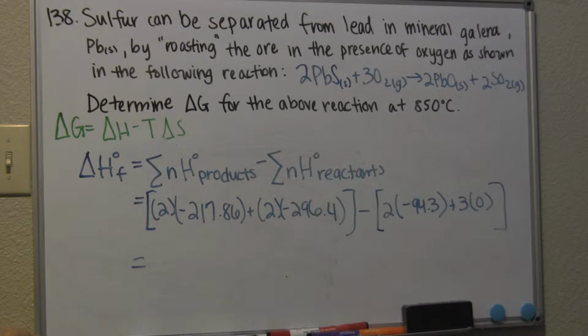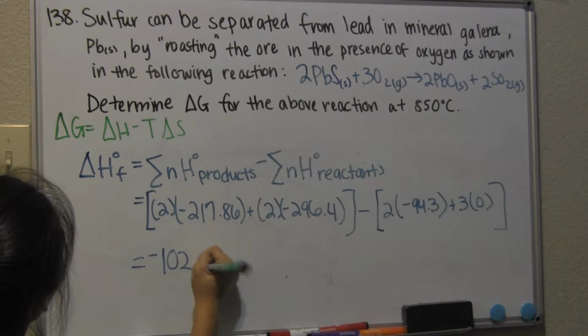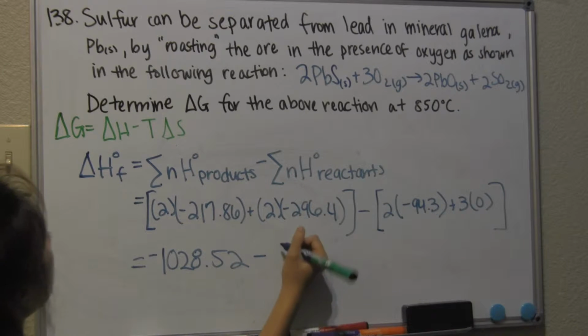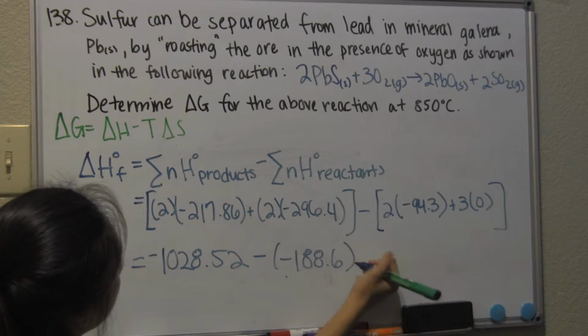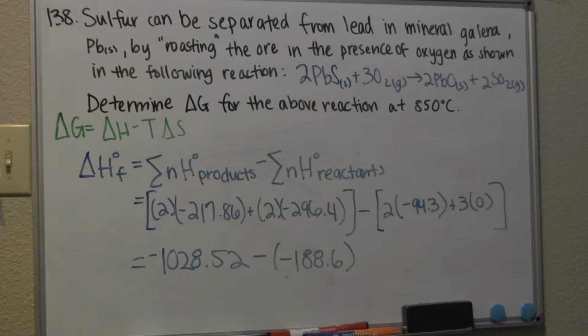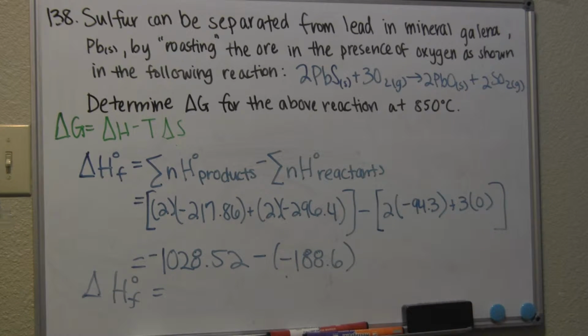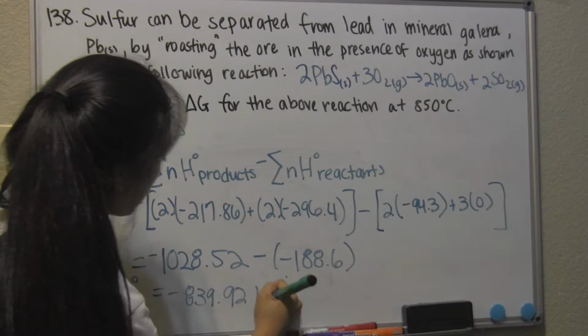So from here, if you calculate what you get, you'll get negative 1028.52 for the products minus negative 188.6 for the reactants. And your delta H for this equation will be negative 839.92 kilojoules per mole.